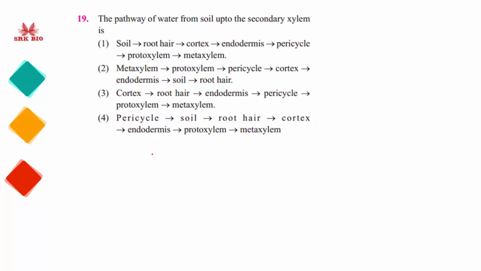The outermost covering of the root is called epiblema. Let me mark this one. The epiblema is not covered by the protective covering called cuticle. Epiblema is a single layered structure made up of the simple plant tissue parenchyma.